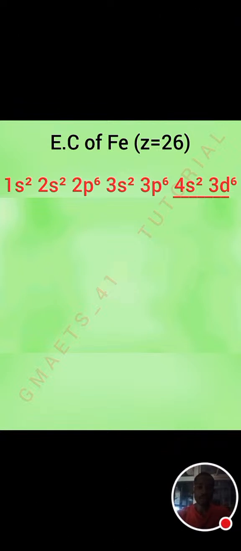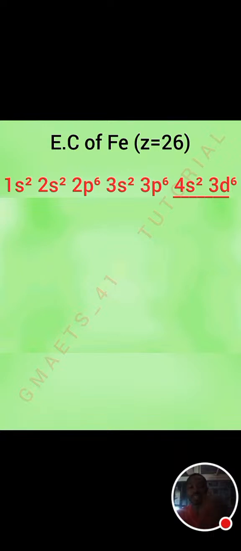So quickly, what you have to do is to look at, you would notice that after 4s, you go to 3d. Because if you are filling the electrons into the orbital of ion, just like I showed you of Bohr's principle, the arrangement of the principal quantum numbers, 1s, 2s, 2p, 3s, 3p, 4s.